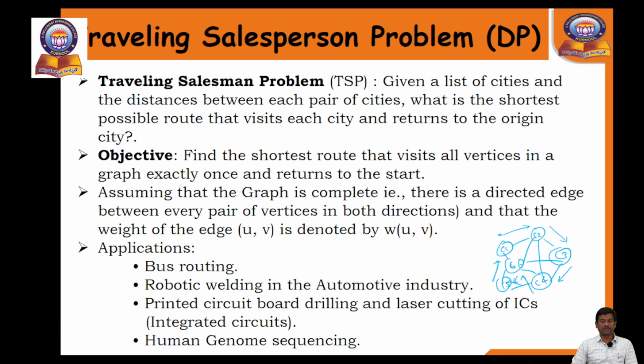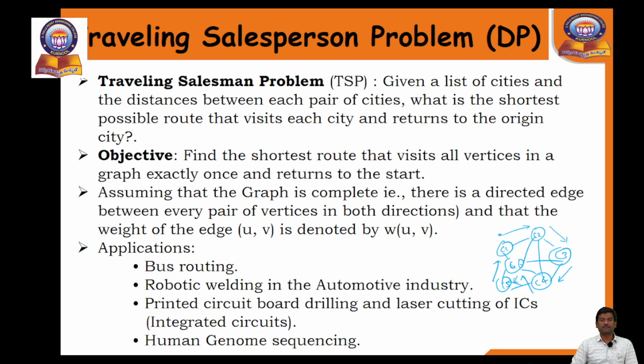The brute force method can take exponential time, so you have to reduce this exponential time into polynomial time. Using dynamic programming, we can reduce the exponential time into polynomial time. That is the purpose where the dynamic programming concept is involved.